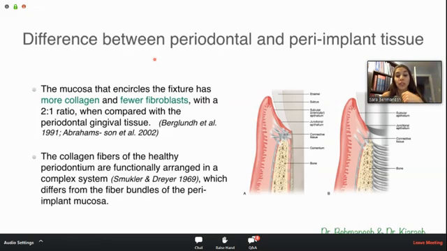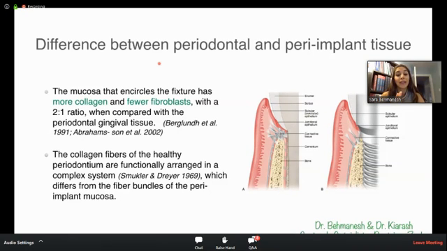Also, as you all know, the collagen fibers around the implants are not inserted perpendicularly to the implant surface, or to the fixture or abutment surface. They're running parallel. It's a non-functional attachment. However, in teeth, they're called Sharpey's fibers when we're at the PDL space or at the supracrestal space. They're called collagen fibers or supragingival fibers, and they're perpendicularly attached to the tooth surface.